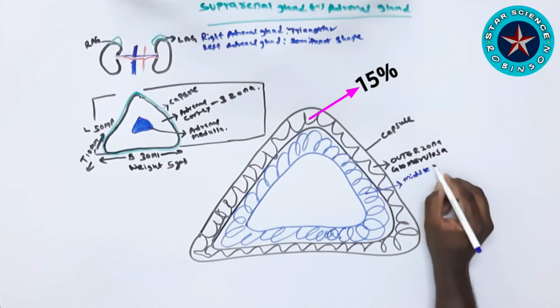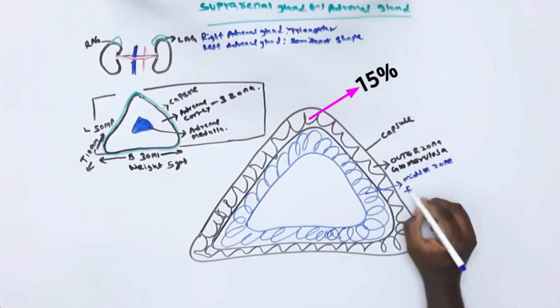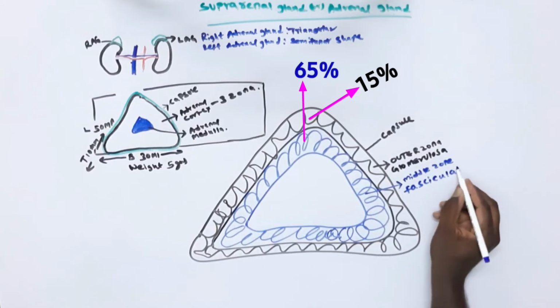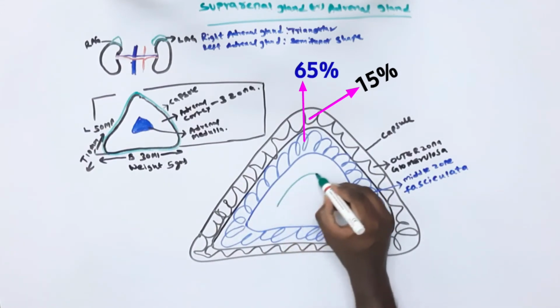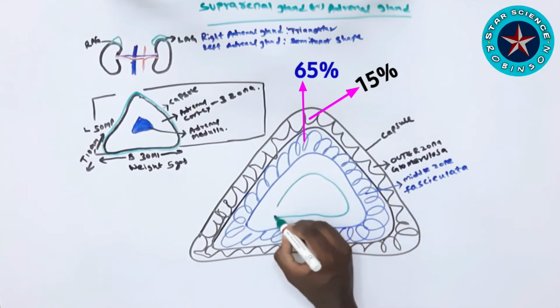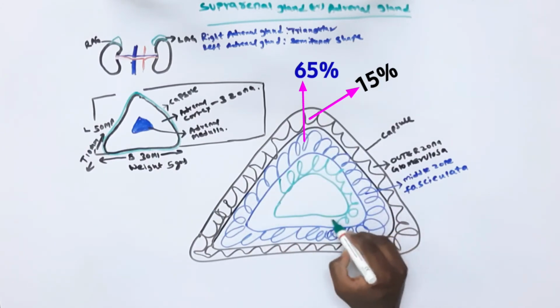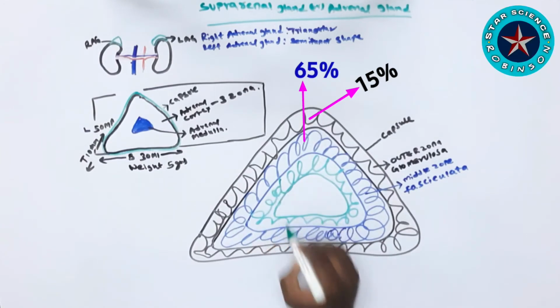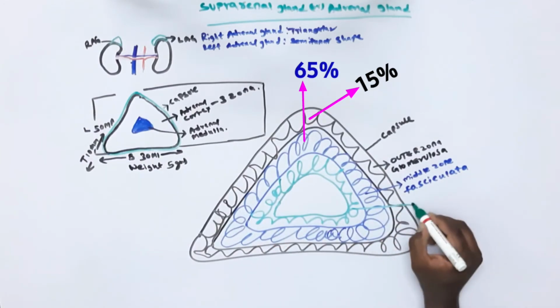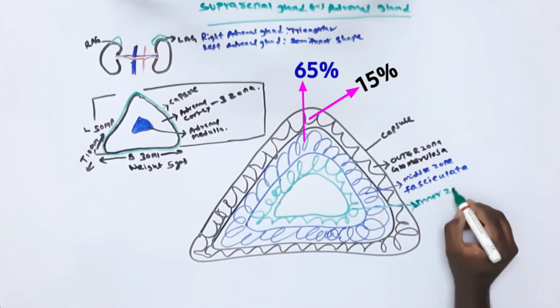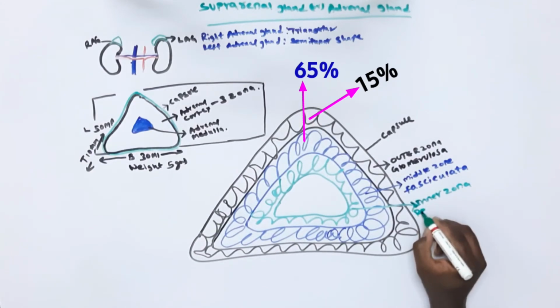Next is the middle layer, the zona fasciculata, around 65 percent of the cortex, with polyhedral and binucleated cells. It releases glucocorticoids, that is cortisol, which is useful for the metabolism of carbohydrates, proteins and lipids, suppresses the immune response, and promotes maturation of lungs and fetal development.